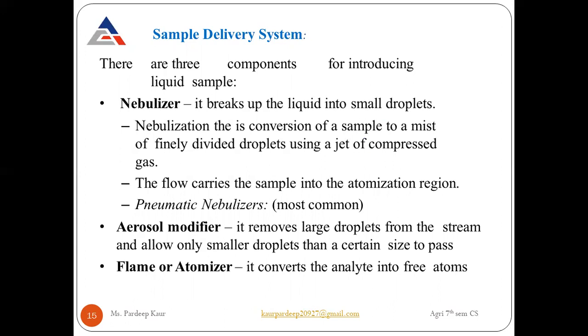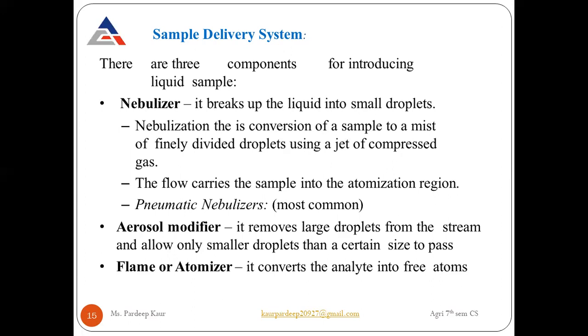Nebulization is the conversion of the sample into a mist of very finely divided droplets using a jet of compressed gases. The flow carries the sample into the atomization region. For example, pneumatic nebulizer is used most commonly.